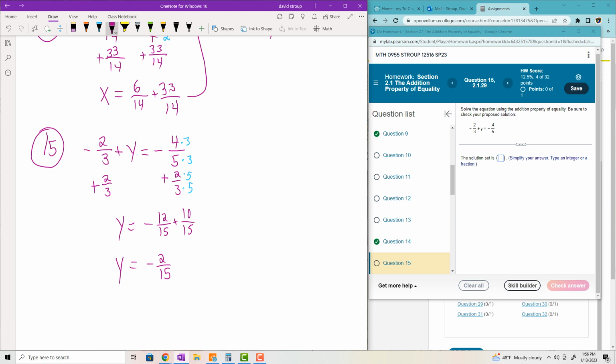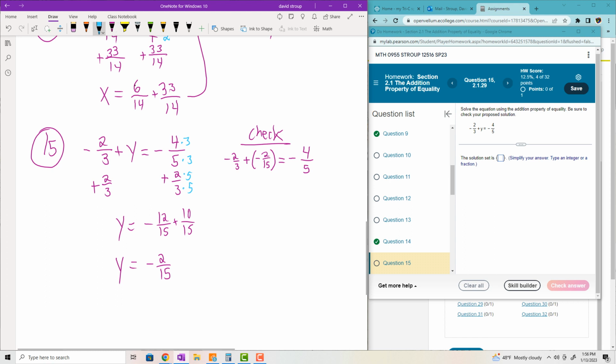Let's check it. Okay, so I'm going to tell my reader that I'm going to check the solution. So always in the back of your mind, somebody is going to be reading your work, right? I mean, what's the point of just doing it in isolation? Anyways, if it is a solution, both sides will be the same.